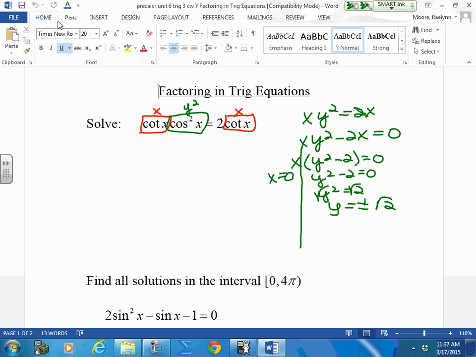So sometimes if you need to take them out, take them out. At this point, I could go back in and say, my cotangent was my x. My cosine was my y. I could absolutely do that and find my angles because you're just replacing them back, if that makes life easier.